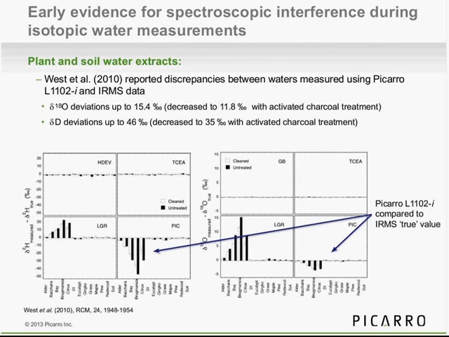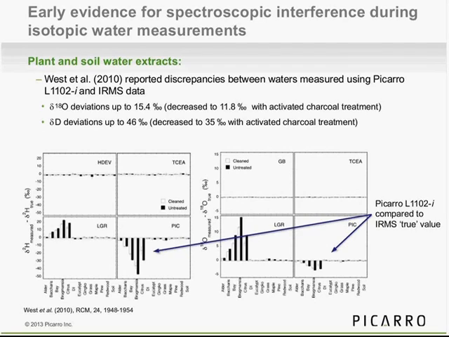This was first pointed out, I think Willy Brand wrote about it just before Adam West did, but we started learning about the effect of spectral interference quite early on in the commercialization of laser-based techniques. There was a study done by Adam West when he was in Todd Dawson's lab, where they compared conventional IRMS results with results from both an LGR and a Picarro instrument, and they found that for various plant waters, there could be large anomalies in the reported delta O18 and delta D values.